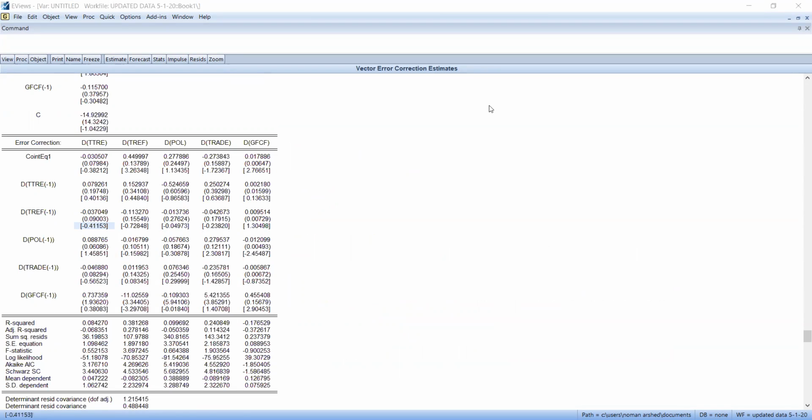So let me write it here. A low R square is an indication that the variables used are not appropriate.